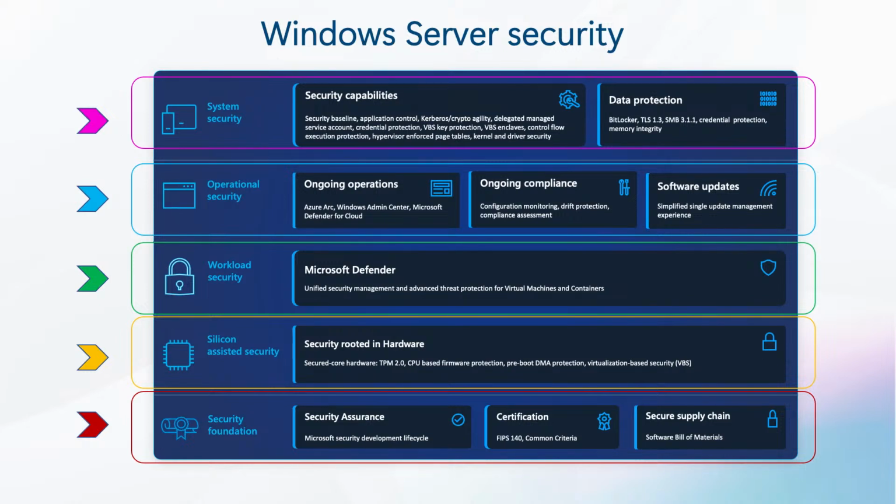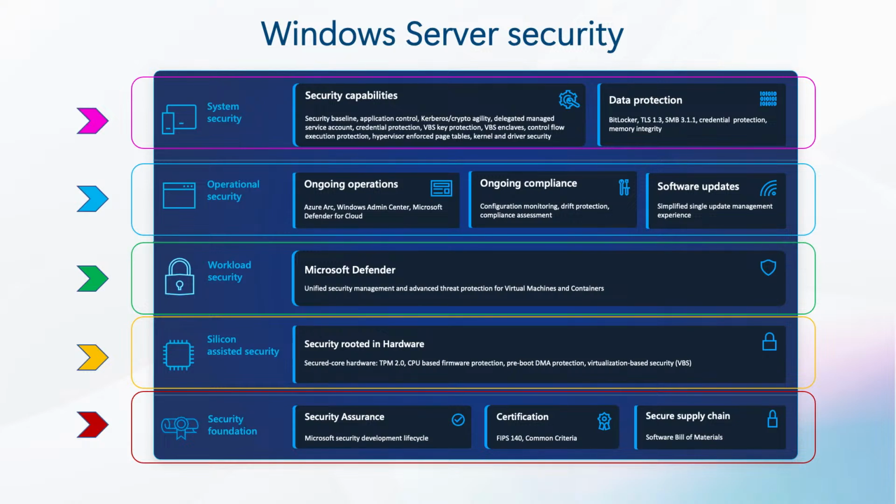With delegated managed service accounts, or DMSA in short, we have gotten rid of the need to use passwords with service accounts. And we continue to improve various security capabilities, including in the area of kernel and driver security.